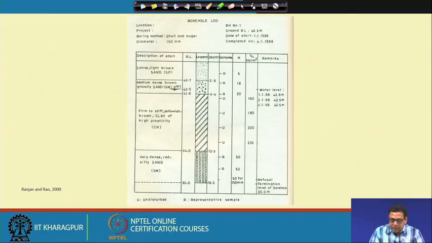So, this is the measured N value. Now, after that you have to apply the corrections and you will get the corrected N value. So, this is the end of our standard penetration test part.